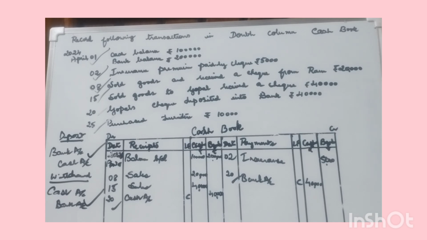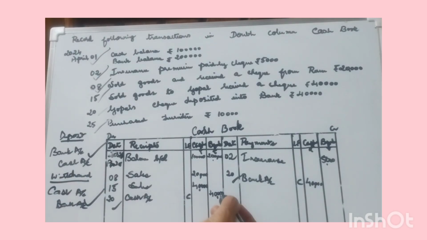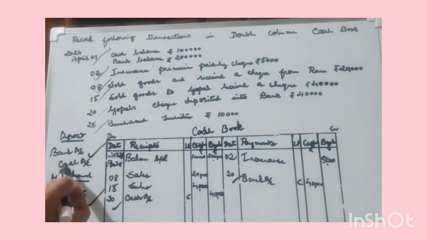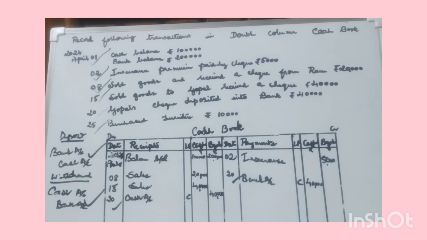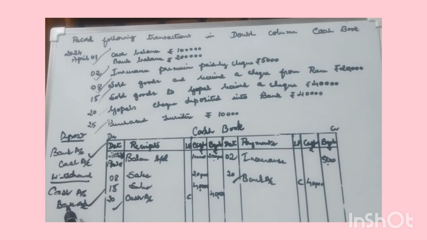Deposit of check into bank: understand the journal entry, bank account debtor to cash account. So bank account must be debited with cash account. Once again, reverse entry, cash account has to be credited with bank account. If one more transaction is given, as cash withdrawn from bank, this is also one of the contra entries. Cash deposited, cash withdrawn. When the cash is withdrawn, the entry will be cash account debtor to bank account.